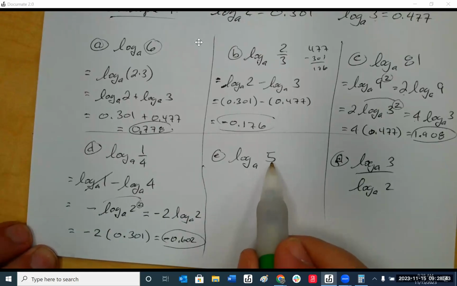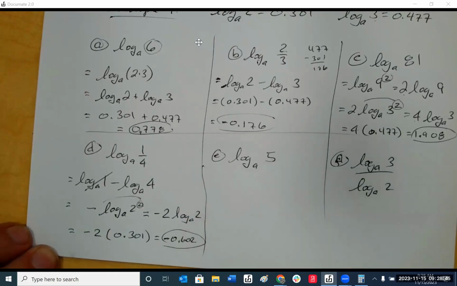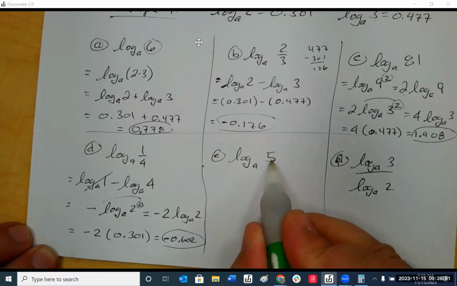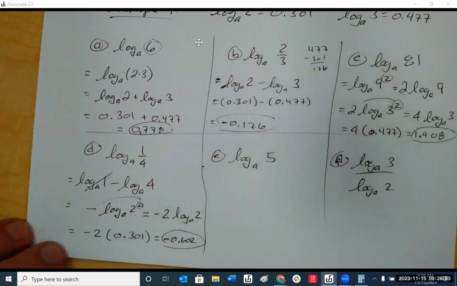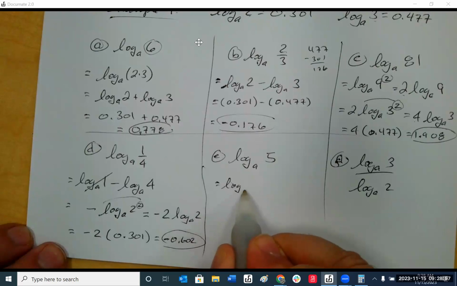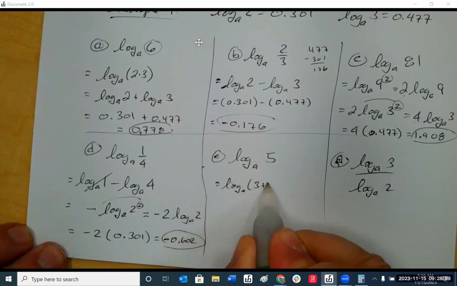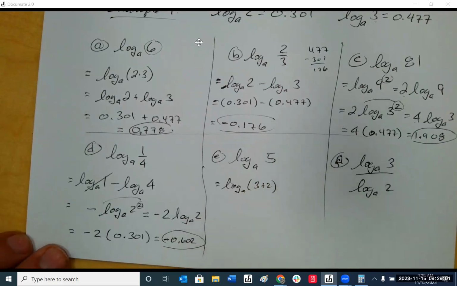How about the next one? Can we do anything with that one? Well, doesn't 5 come from 3 plus 2? Can we do anything with that?